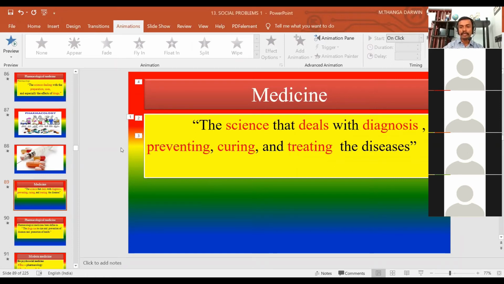So modern medicine is biopsychosocial medicine. Biological medicine means pharmacology, for example, drugs. Psychological medicine means psychotherapies. Social medicine means social factors used to treat, diagnose, prevent diseases.